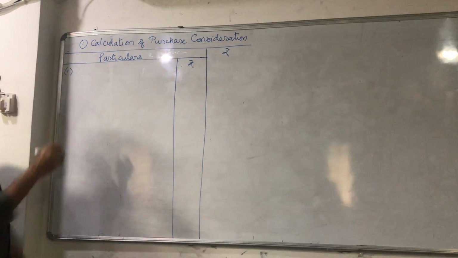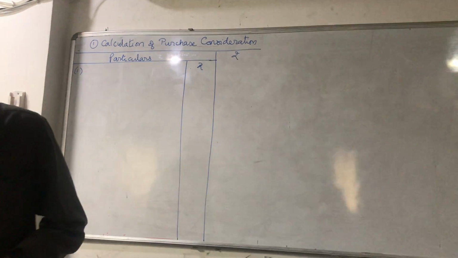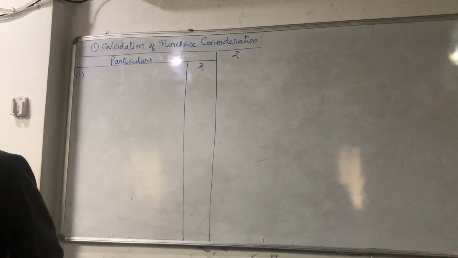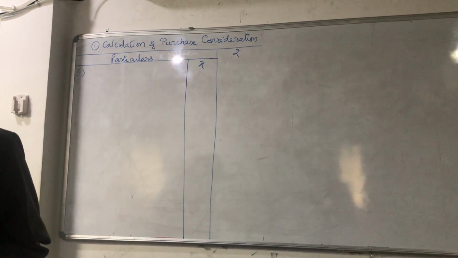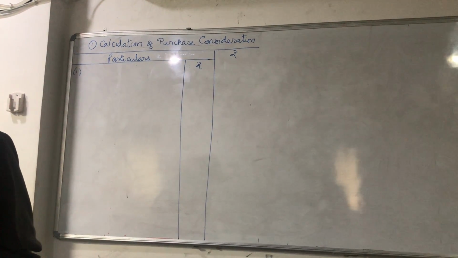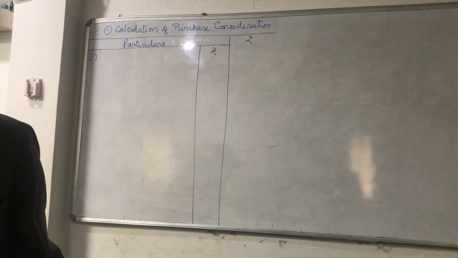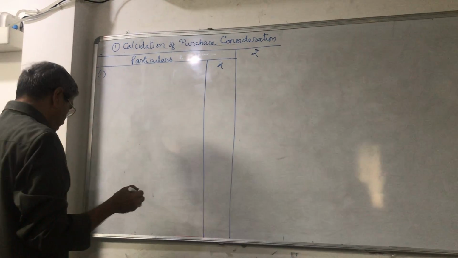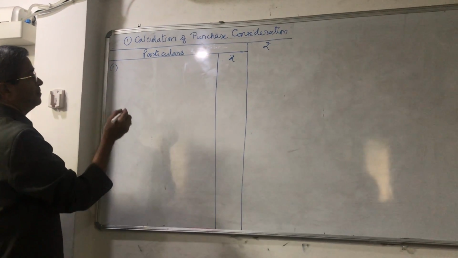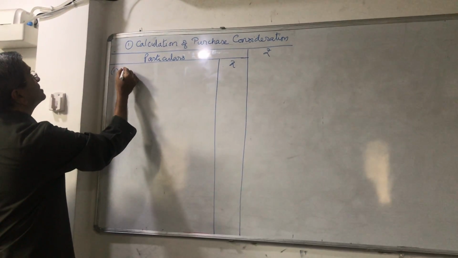So calculation of purchase consideration, we need to take item number 2 given in the adjustments, problem number 7 of Jain and Narang we are doing. Equity shareholders of Unlucky Limited are to receive one new share of 1 rupee each in Lucky Limited for every 10 shares.